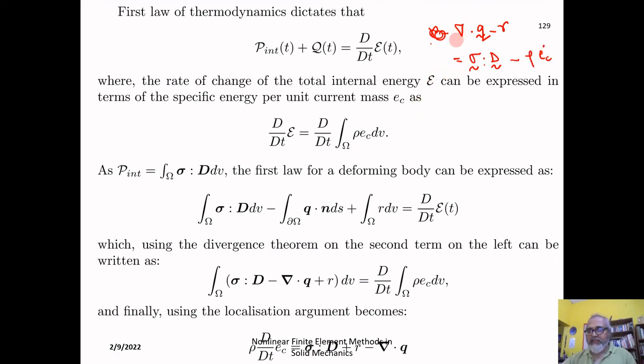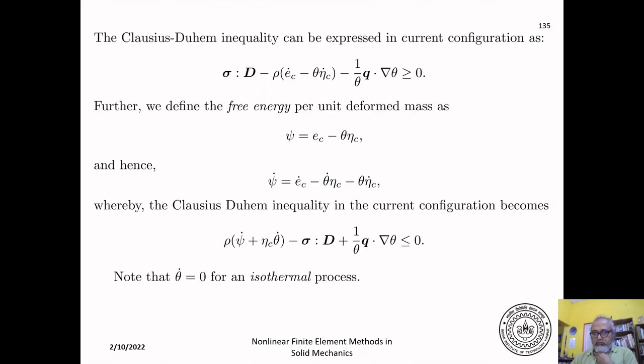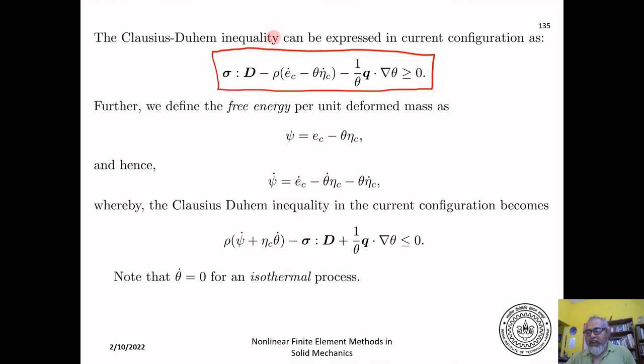So we replace this term in the second law by this. So pretty much like in the reference configuration, this is the expression for the Clausius-Duhem inequality that you get in the deformed configuration. Now, sometimes it is convenient to express this in terms of free energy.